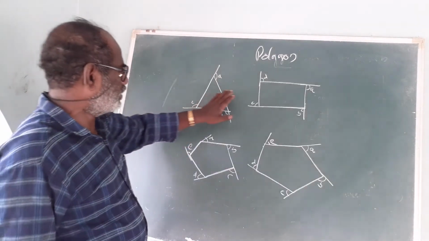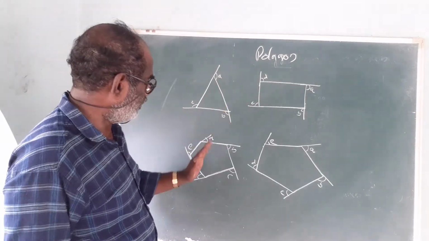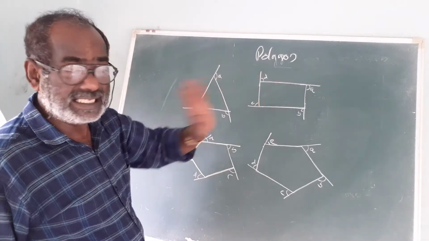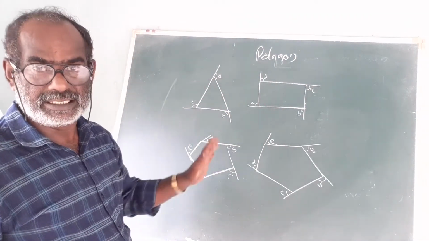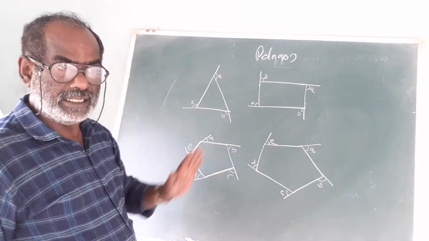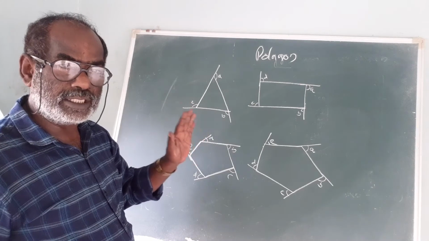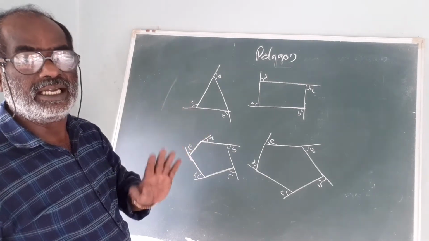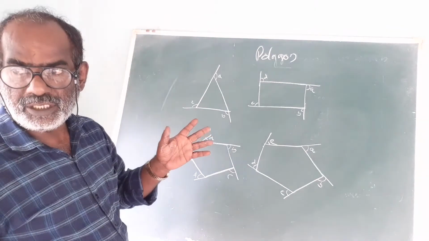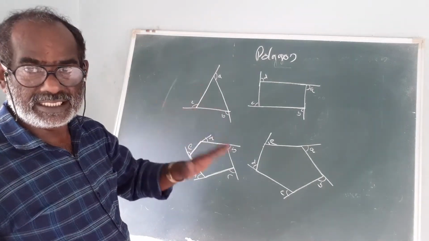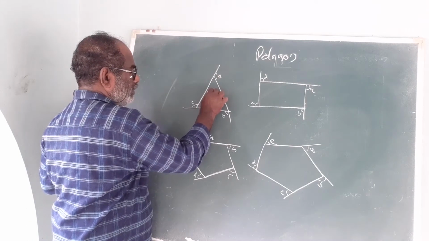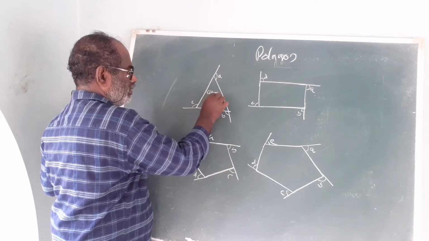Here are four figures: triangle, rectangle, pentagon and hexagon. I marked the exterior angles. This is the exterior angle. For any polygon, the total sum of the exterior angles is always 360. Here A plus B plus C is equal to 360.